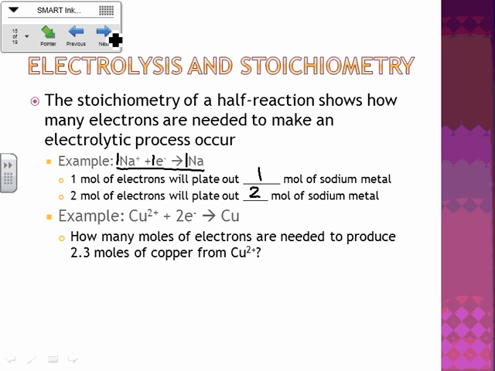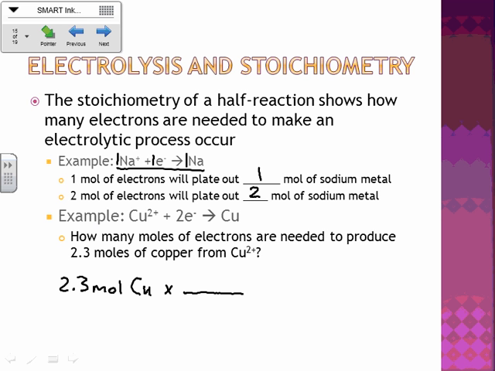How many moles of electrons are needed to produce 2.3 moles of copper from Cu2+? Well, we can do this just like a normal stoichiometry problem. We've got 2.3 moles of copper that we want to produce here. The first thing we'd want to do is convert the copper to the copper 2+.